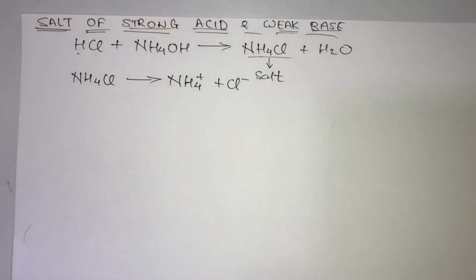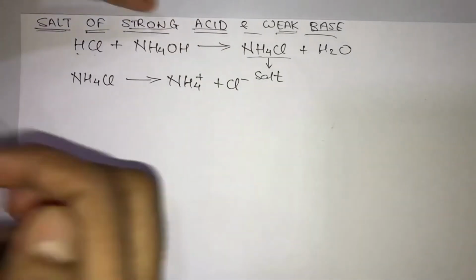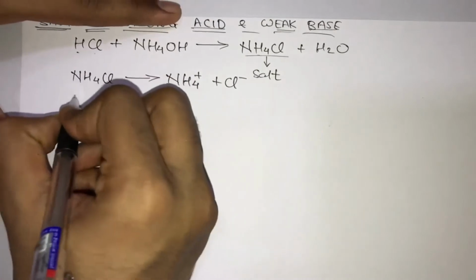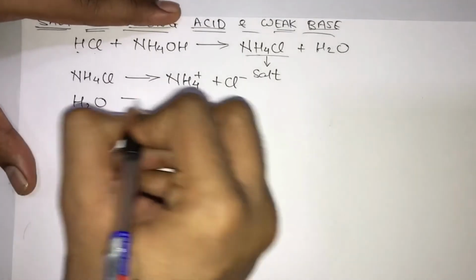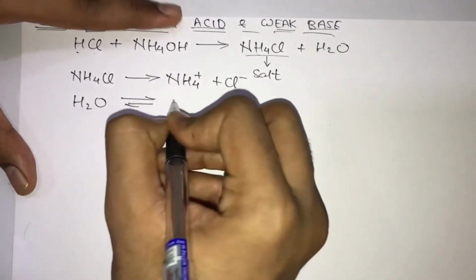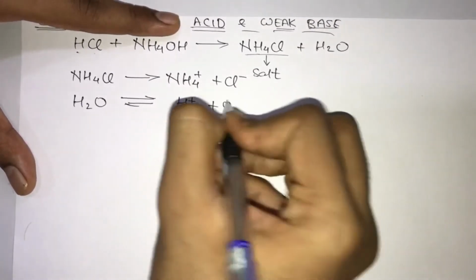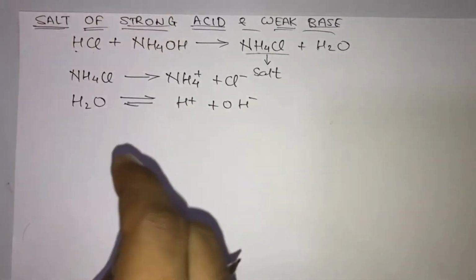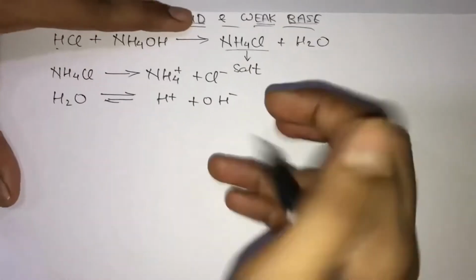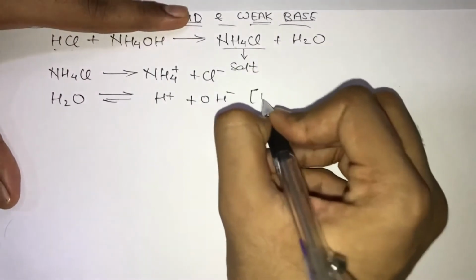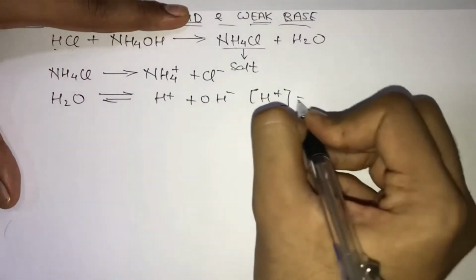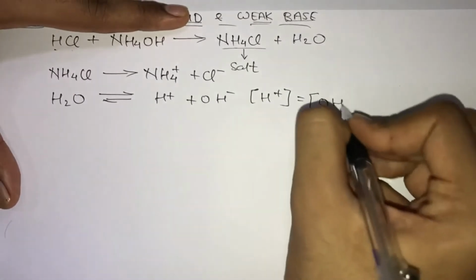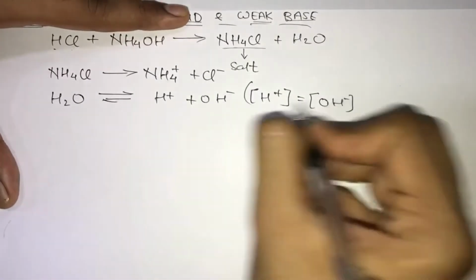Now, as we all know, even the water which is acting as a solvent gets slightly dissociated into its ions, that is H plus and OH minus. And as we all know guys, for pure water, the molar concentration of H plus ions is equal to the molar concentration of OH minus ions.